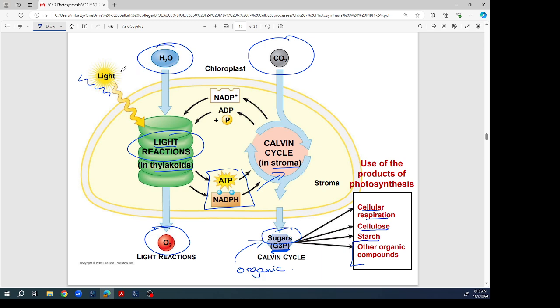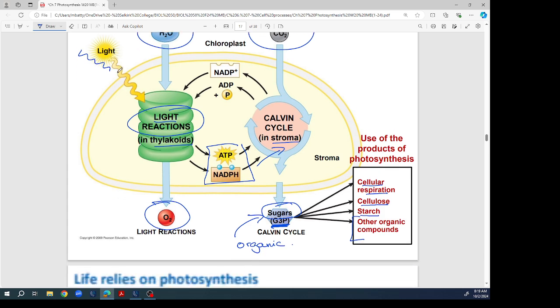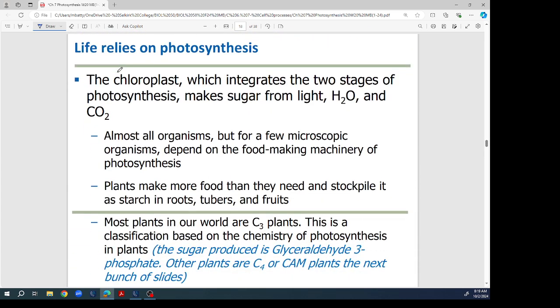So I love that image. It really summarizes the key players, what's going in, what's going out, and the two processes that are photosynthesis. You know, same as in cellular respiration, if you can have a framework for this, then you can put more details in, like with photosystem 2 and photosystem 1, but figuring out the lay of the land, figuring out where the key players are going in and the key players are coming out, I think is a good framework to start with.